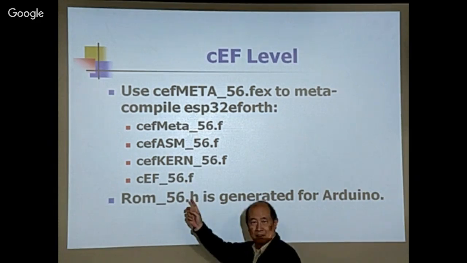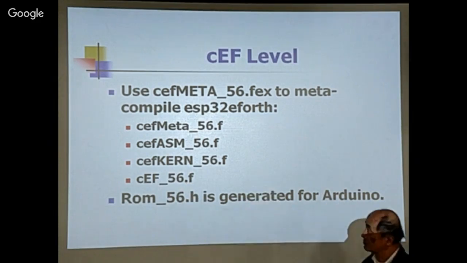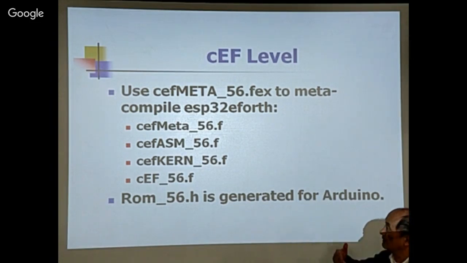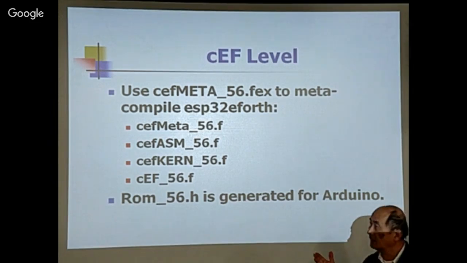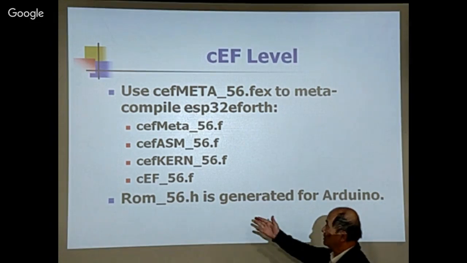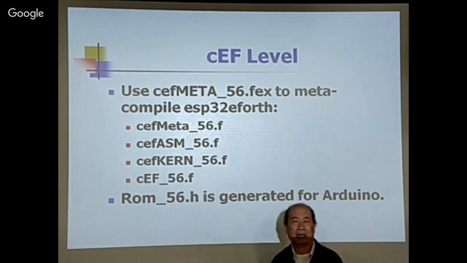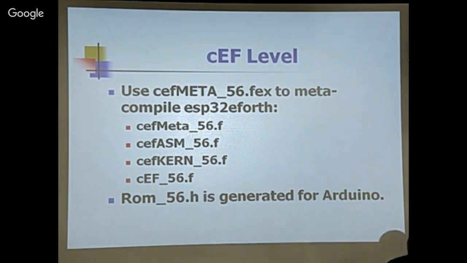You can add new bytecode in it, and you can expand the kernel, which basically executes only the bytecode, and the CEF file has all the high-level functions. There you have colon definitions, so you can modify the basic E4 system at this level.